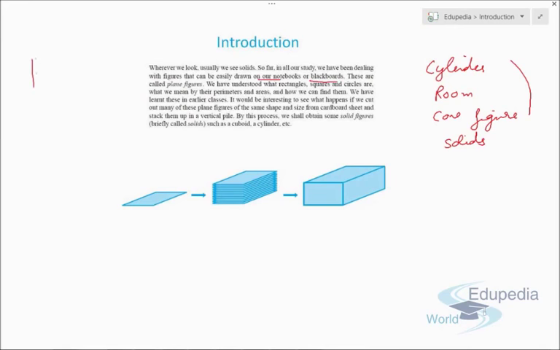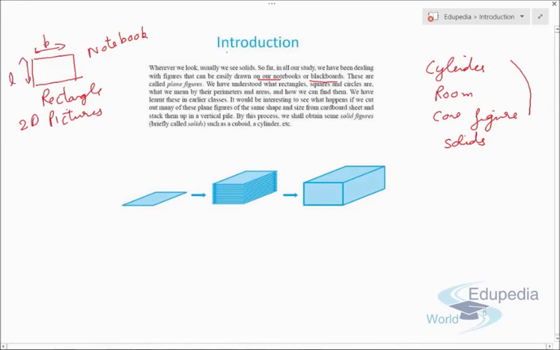Let's say we draw a rectangle like this. This can be drawn on a notebook or blackboard, which is also known as a 2D picture. In 2D pictures there is only, let's say, breadth and length. These are called plane figures. So 2D pictures are known as plane figures also.